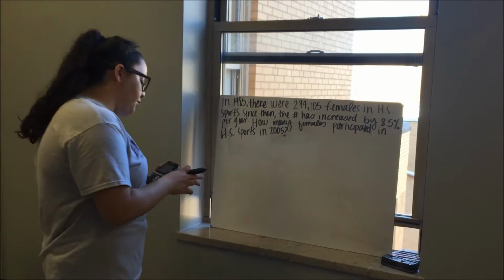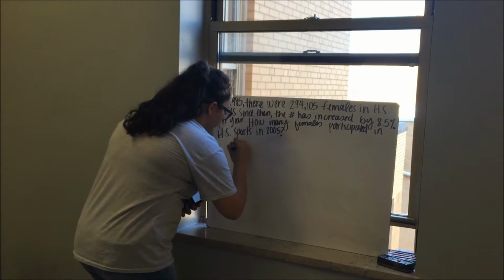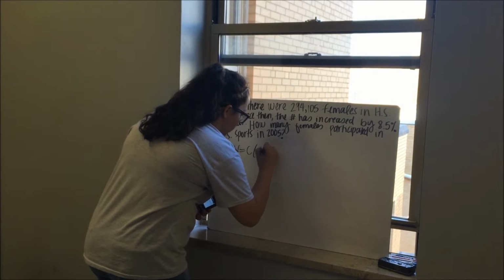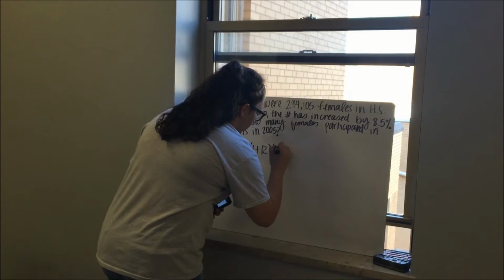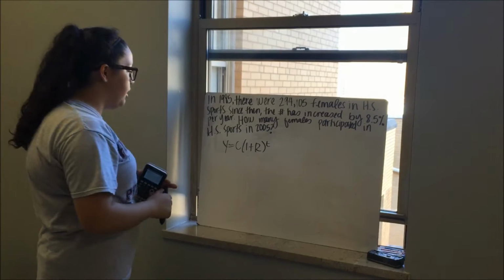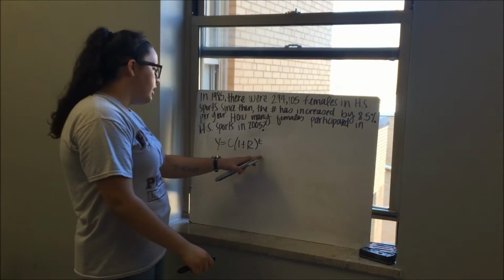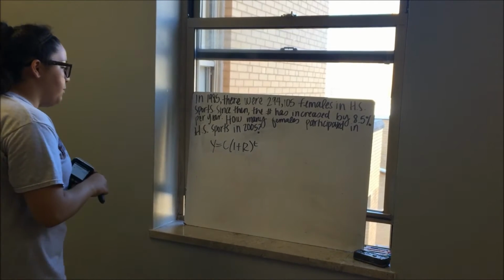For this problem, we'll have to use the exponential growth equation, which is y equals C times (1 plus R) to the T, where y is the total amount, C is the initial amount, R is the rate of change expressed as a decimal, and T is time. So all we have to do is plug in the numbers.